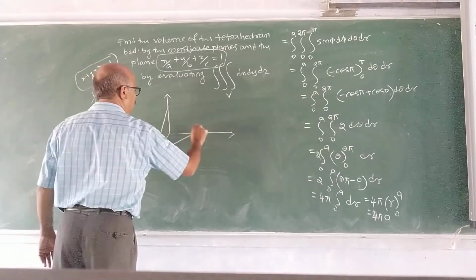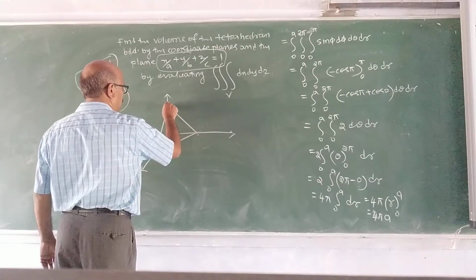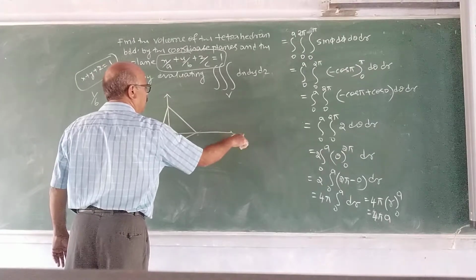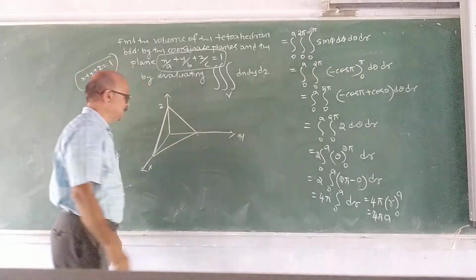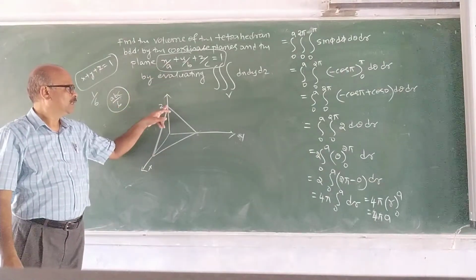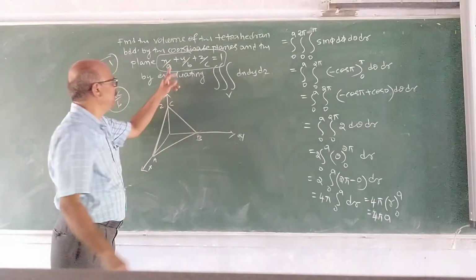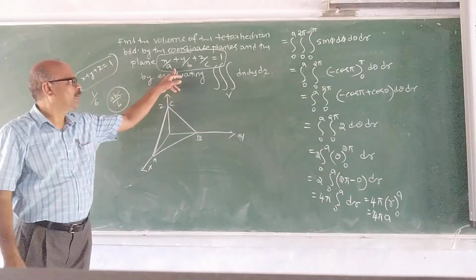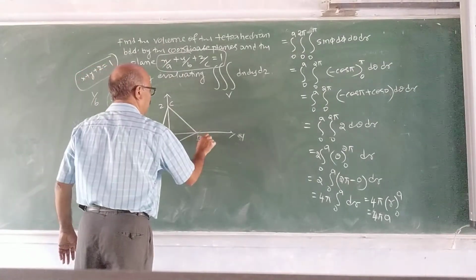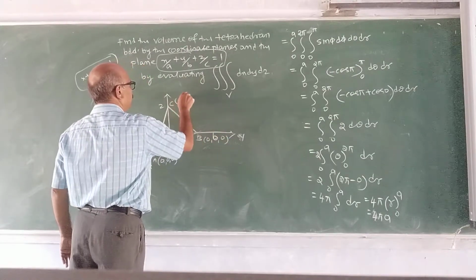The tetrahedron is like this, bounded by 4 triangular faces. The coordinate planes, what are they? x is 0, y is 0, z is 0. And this plane, x by a, y by b, z by c, gives the triangle ABC, with vertices a,0,0; 0,b,0; 0,0,c.